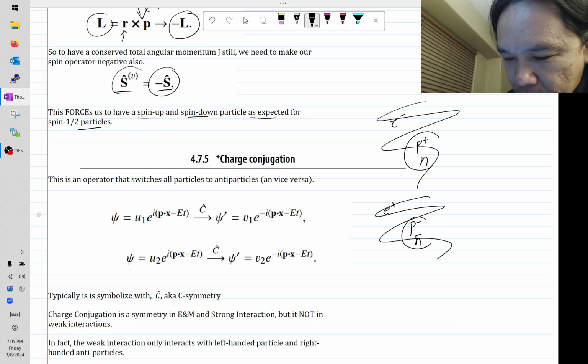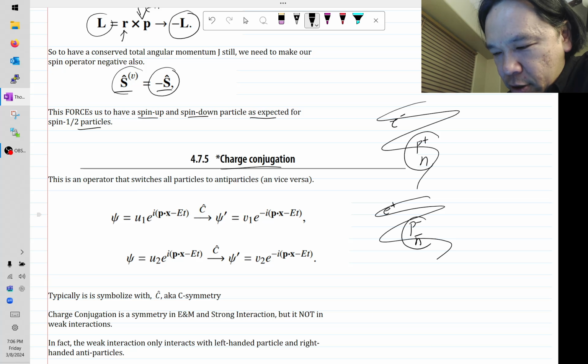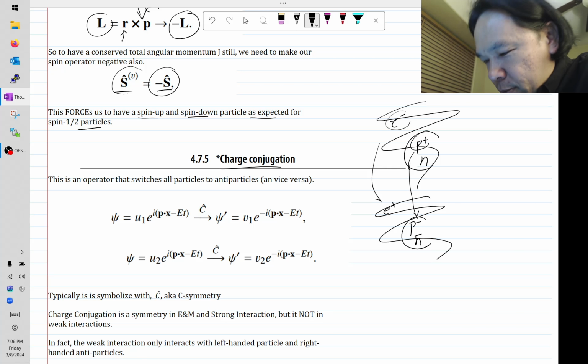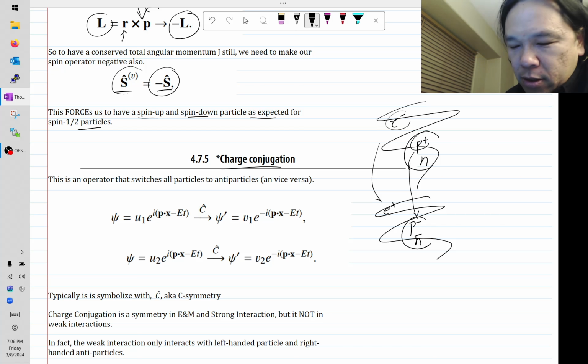But what you can do is do this thing called a charge conjugation, where we basically flip the sign of all the charges in the universe. So in this case, we flip electrons to positrons, and the regular positively charged proton to a negatively charged proton, or the antiproton.